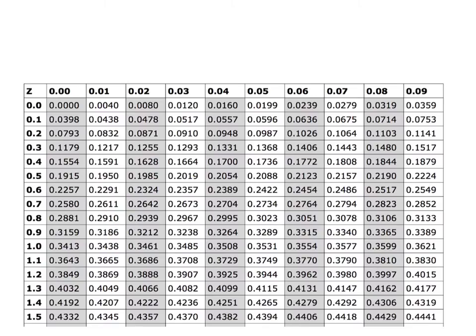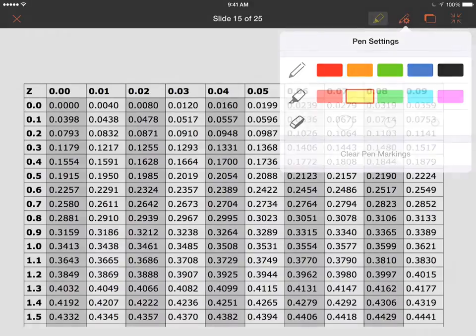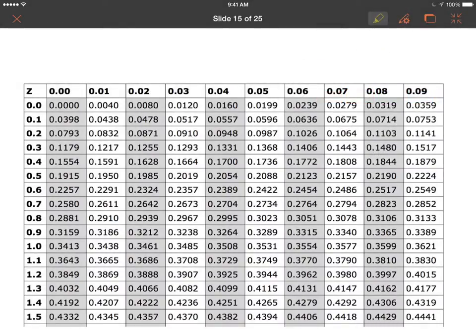Okay, so here's my table. Look inside the table and we're looking for an area close to 0.4. Okay, so I'm looking in here. I see 0.3962, 0.398, 0.3997, and now I'm over 0.4.